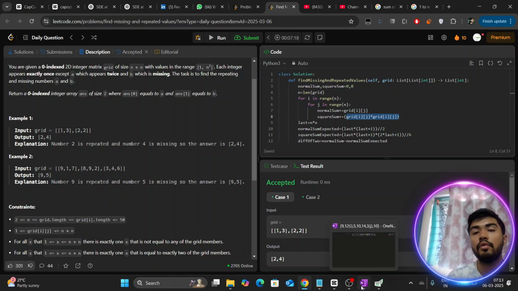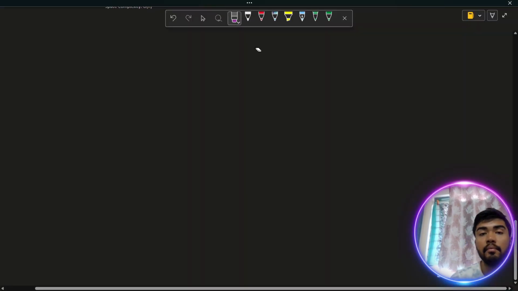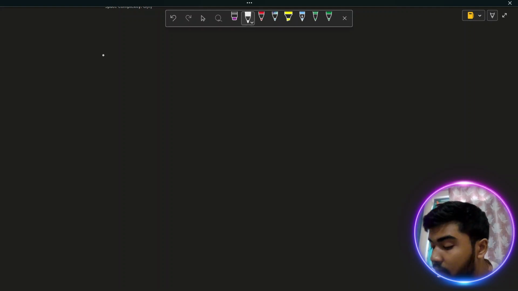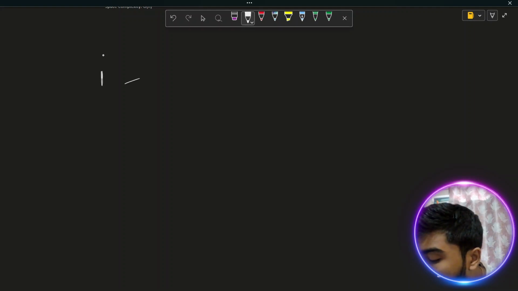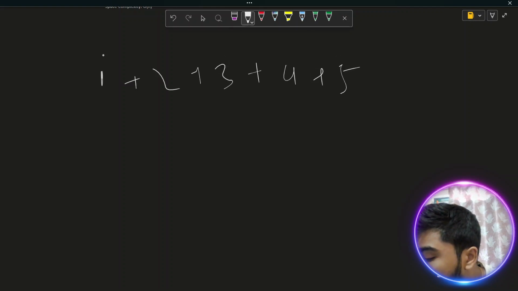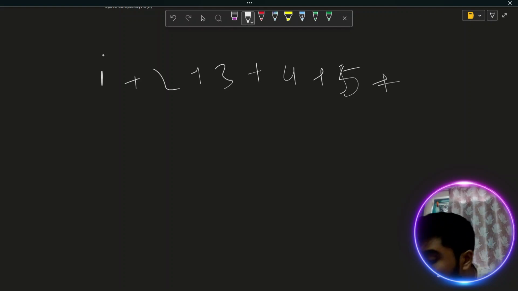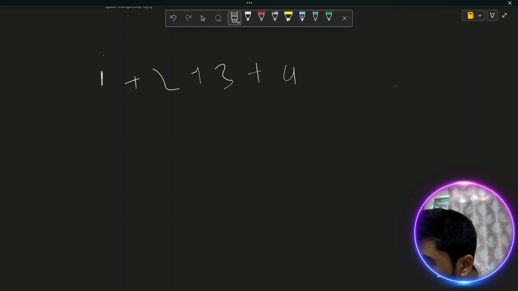So what is the motive here? Let's suppose we have n equals 2.